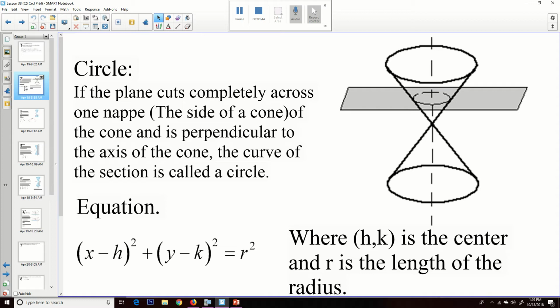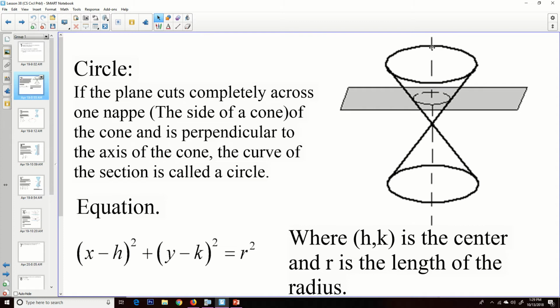So the circle is, as you know, a collection of all the points equidistant to a given point called the center. In the case of a conic section, and the reason we call it a conic section is because we are taking a plane and we are running it through a cone in different ways.